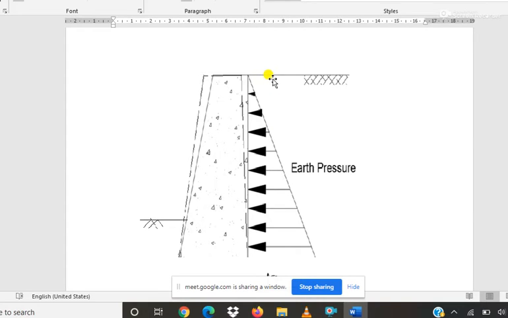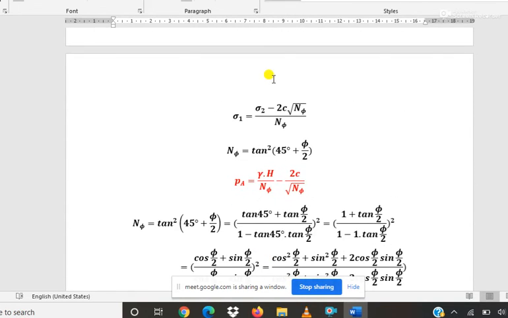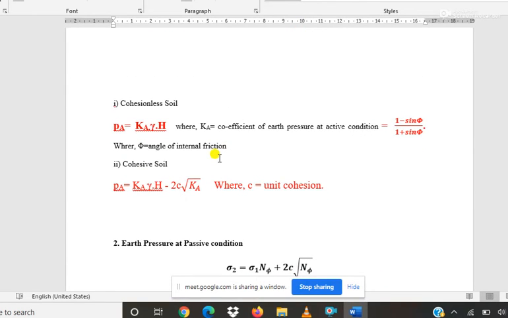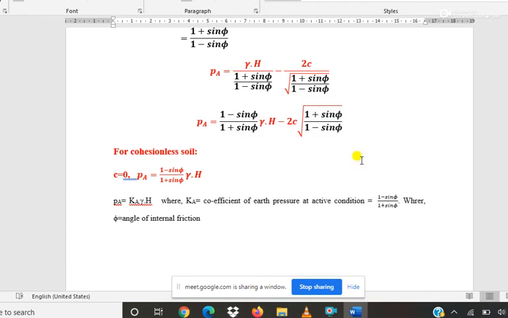And obviously, this general equation is nothing but the equation of a straight line. This straight line having a slope of this, where h is the variable. H is nothing but the height of the wall or depth of the soil.